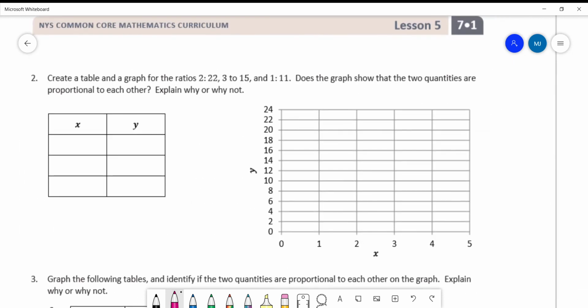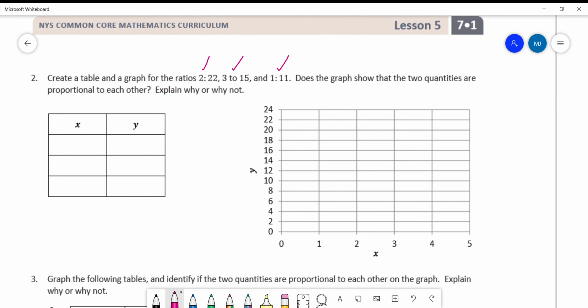Create a table and graph for the ratios of 2 to 22, 3 to 15, and 1 to 11. Does the graph show that the two quantities are proportional to each other? Explain why or why not. So you probably noticed right away that 2 of these would have a constant of 11, but this one, not so much.